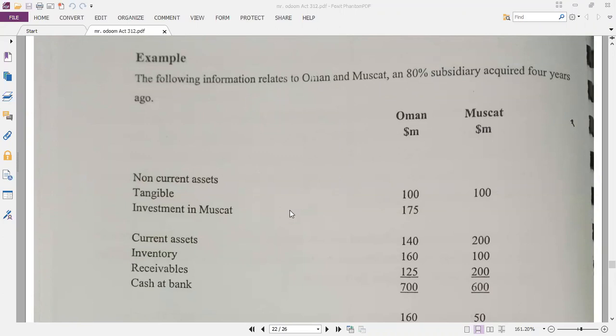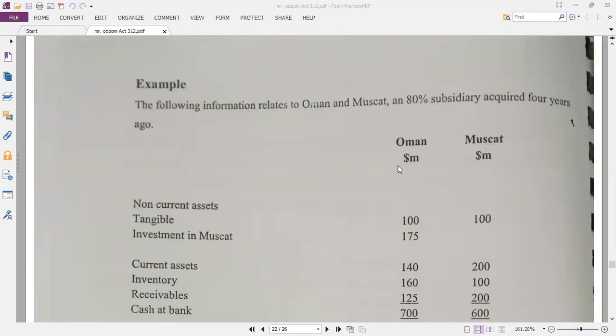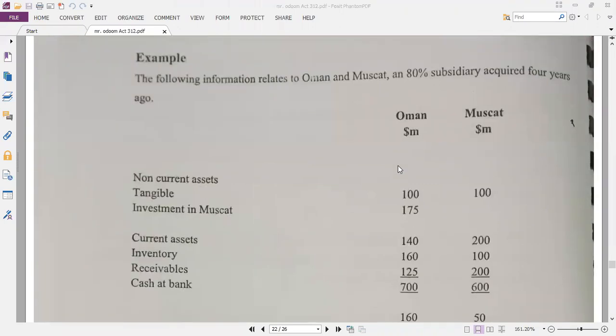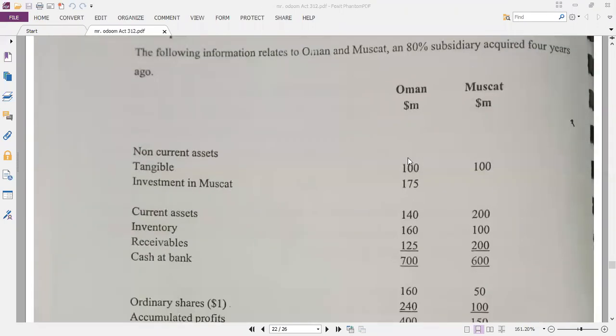Now, the following information relates to Oman and Muscat. An 80% subsidiary acquired 4 years ago. So, Oman has acquired Muscat 4 years ago, 80%.